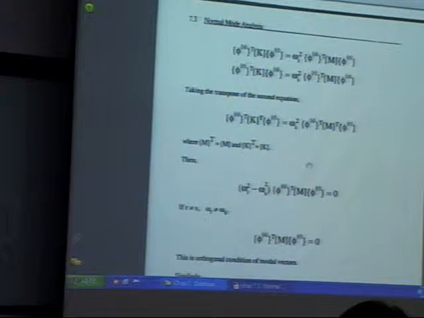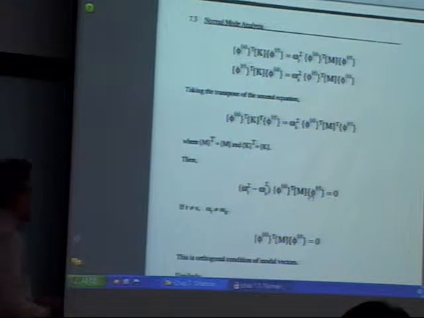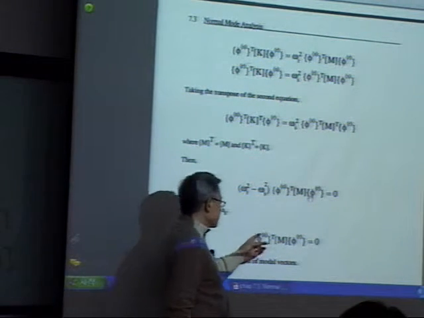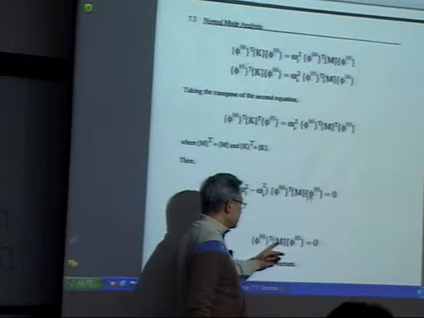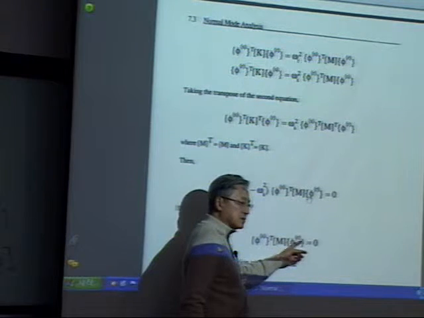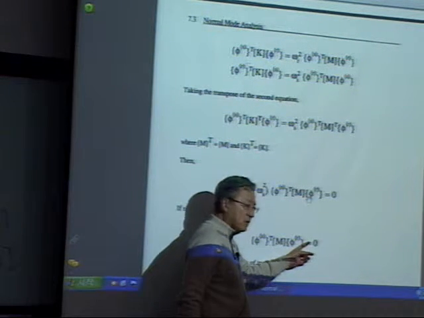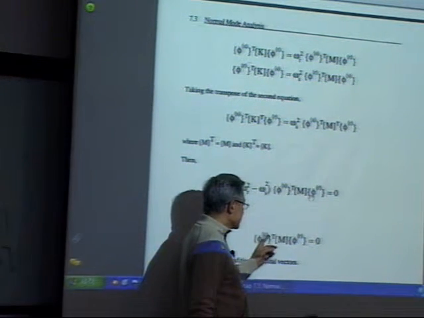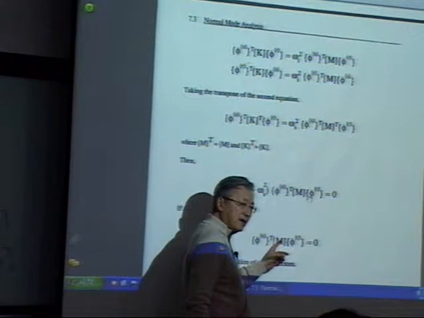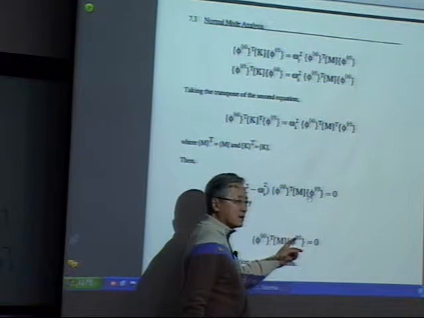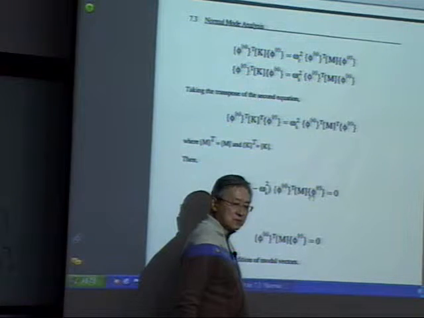What does it mean here? I can say phi s transpose M times phi r is equal to 0, or phi s transpose K phi r equal to 0.